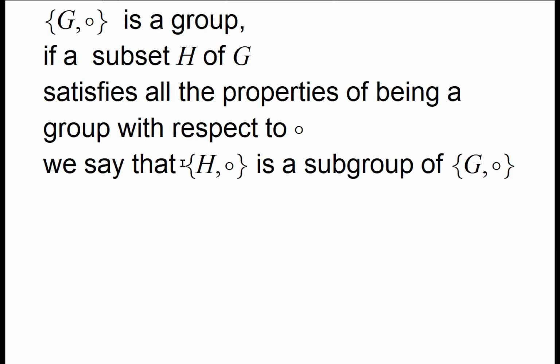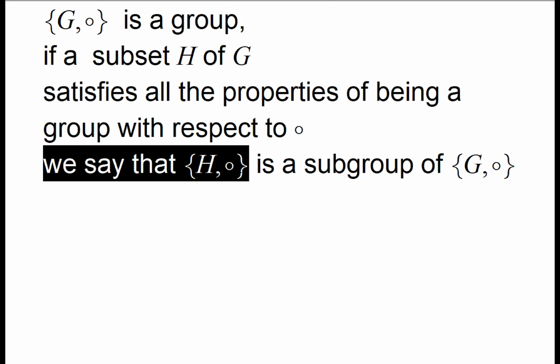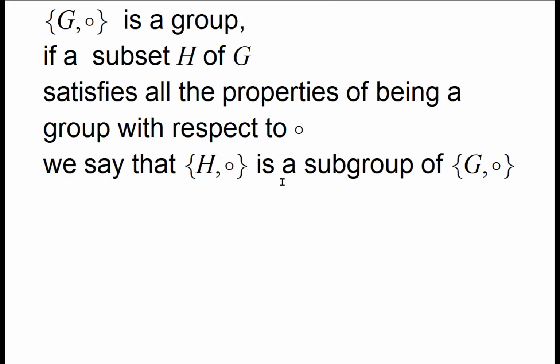So what we just did is that if I have a group and I have a subset of that group which satisfies all the properties of being a group, then we call it a subgroup of the bigger group, G in this case.